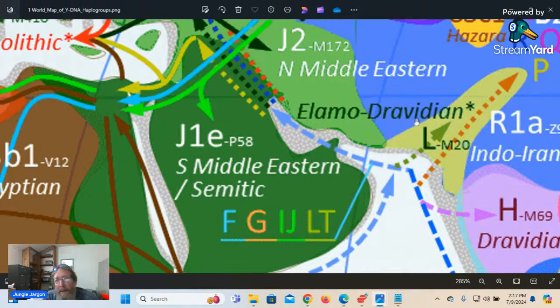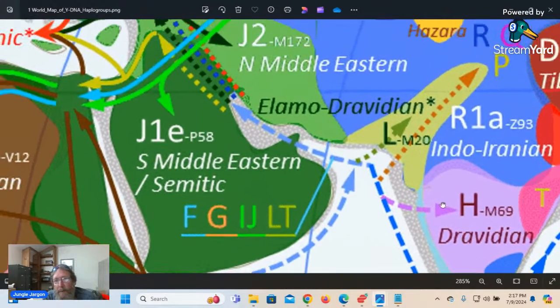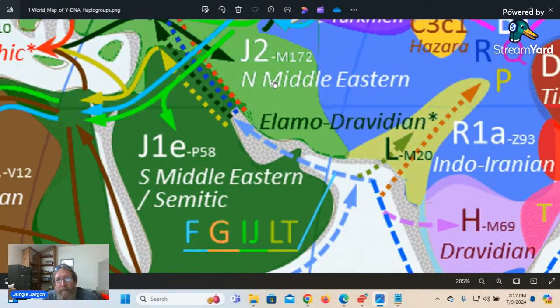So we have Elamo-Dravidian. Then we come down here, the Dravidian is H. So that was a dead giveaway right there, that H is the haplogroup of the Elamites.